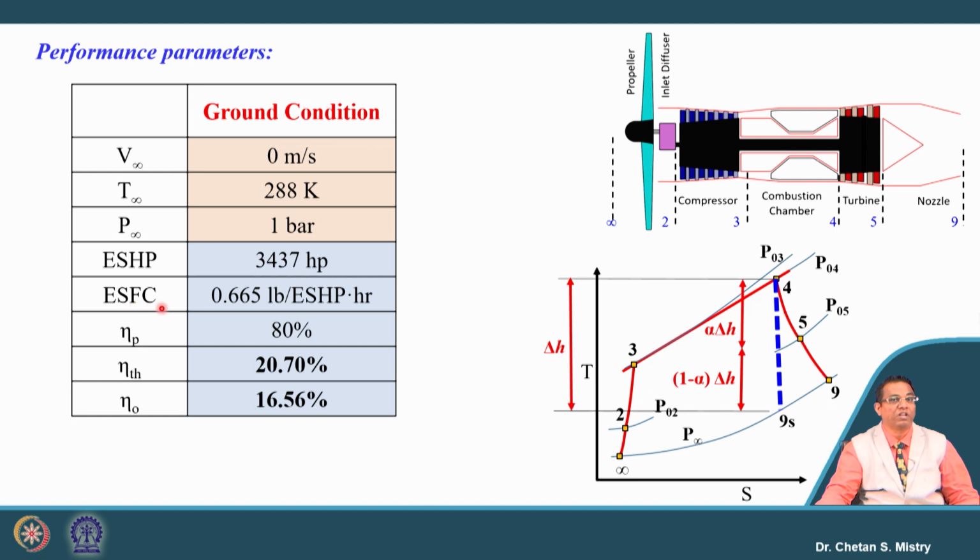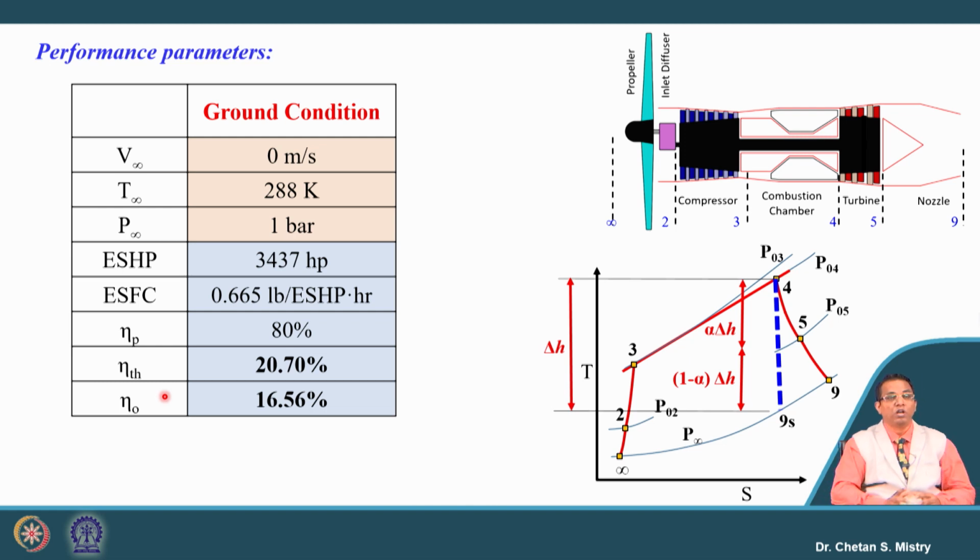Equivalent specific fuel consumption we have calculated is 0.665 pounds per ESHP hour. We have taken our propeller efficiency to be 80%. Thermal efficiency we have calculated is 20.70, and overall efficiency is 16.56%. So this is the solution for the numerical we have discussed.